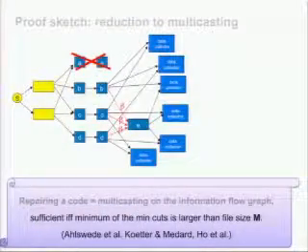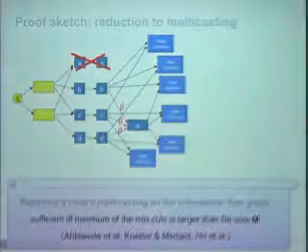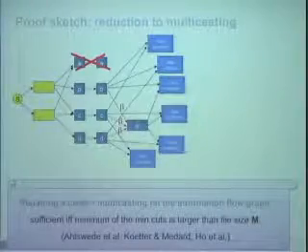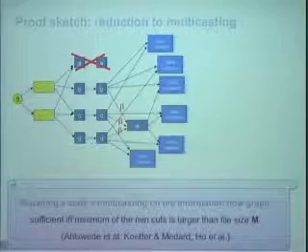And the main message is that repairing a code is equivalent to multicasting on this graph that you can construct. And the breakthrough results of network coding, originally by Ahlswede et al., Koetter and Médard, and Tracey Ho, Médard, and co-workers, showed basically that if the minimum of the min cuts, so the minimum from the source to each one of these data collectors, is sufficient, then there exists a code that sends the information to all of them simultaneously.